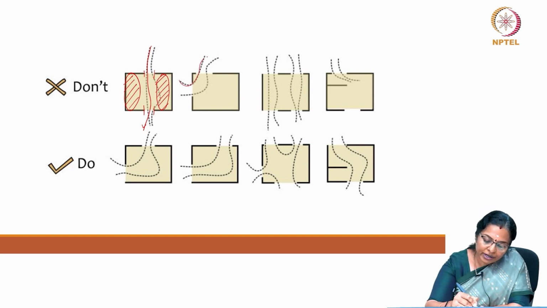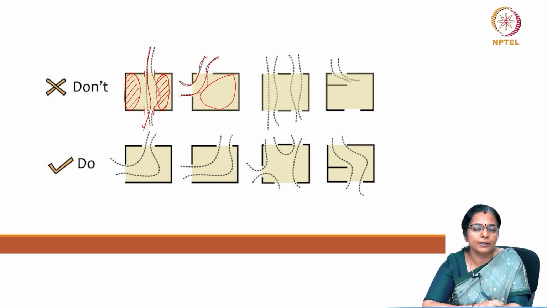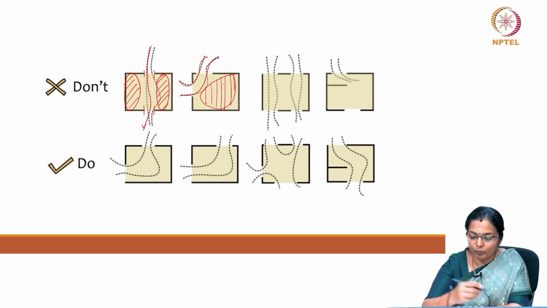Try to avoid having windows too close to each other on the perpendicular walls. A much larger space remains unventilated, or perception of ventilation is very less. Stale air is removed from all of these situations, but people will not be able to perceive the air movement.